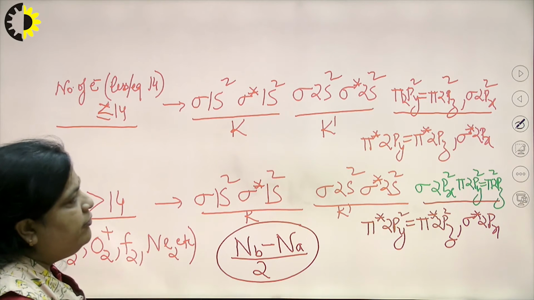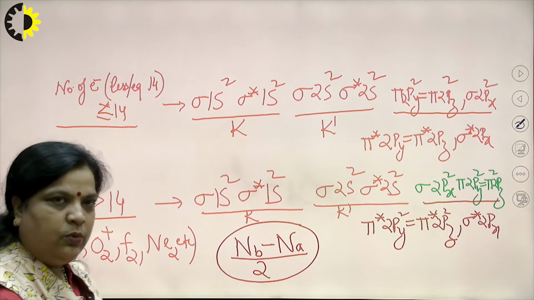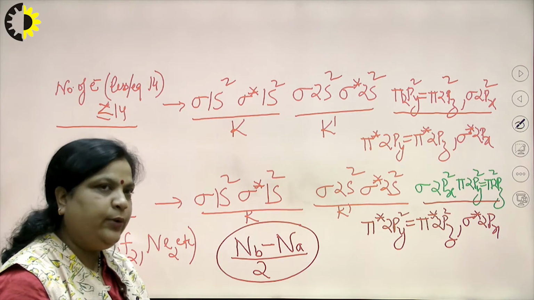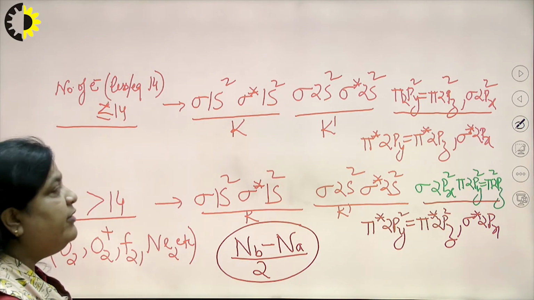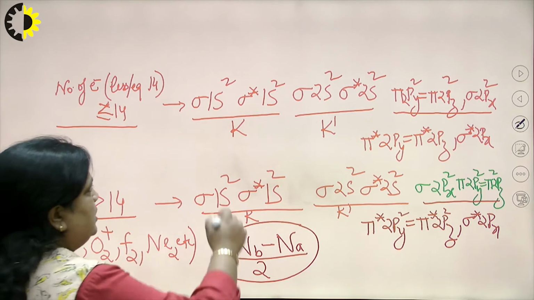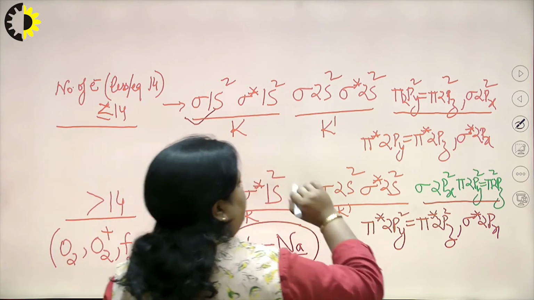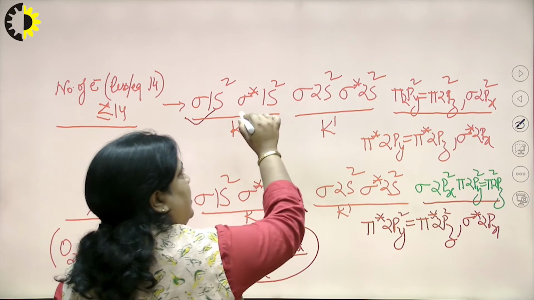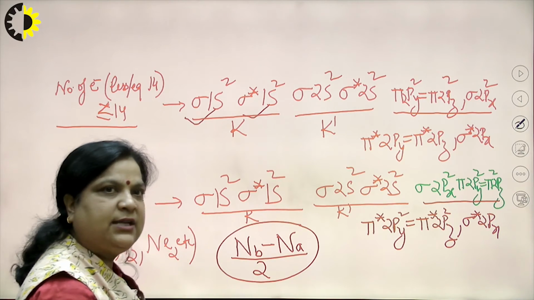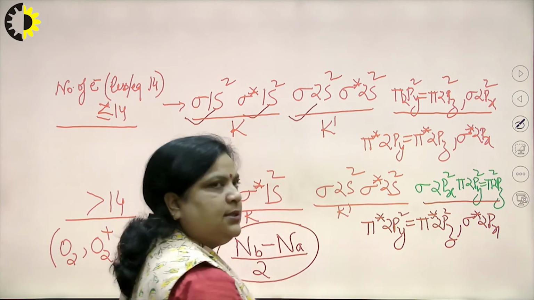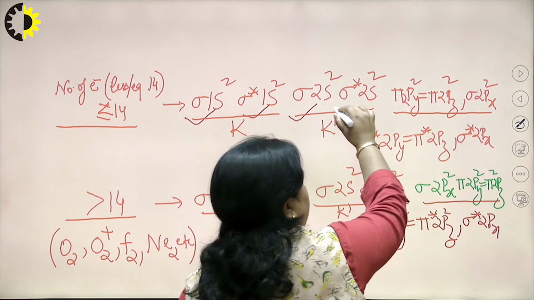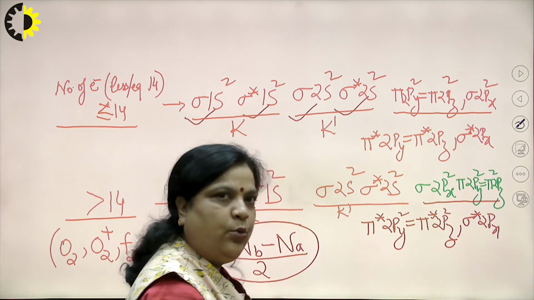Suppose in case of B2, B is 5, so B2 is 10, and 10 means less than 14. So, when we fill the 10 electrons, the first 2 electrons will enter sigma 1s2, then the 3rd and 4th electrons will enter sigma star 1s2, the 5th and 6th electrons will enter sigma 2s, and the 7th and 8th electrons will enter sigma star 2s.